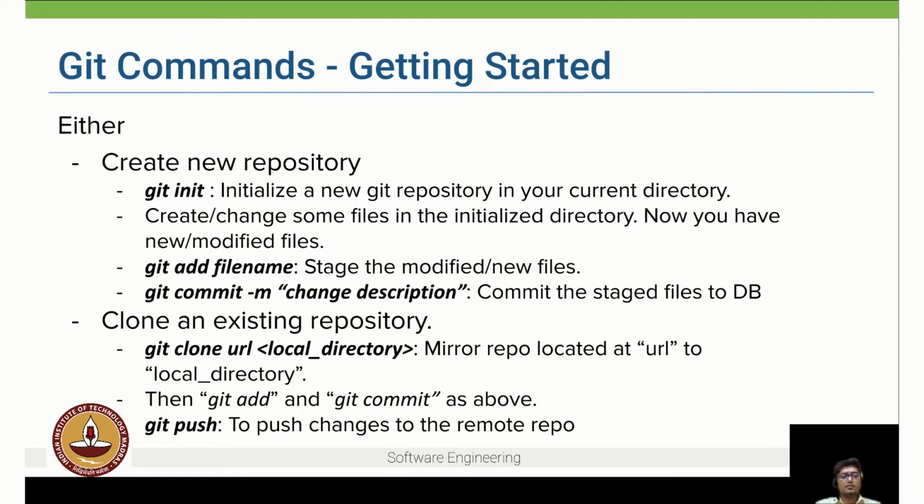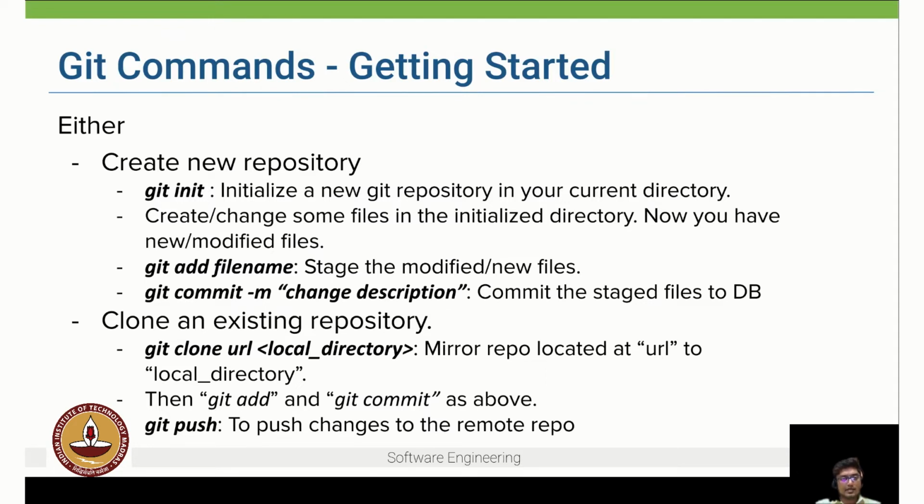These files are in the modified state, as we call it. After that, we use the command git add file name. This will move the files to the staged area. After that, the command is git commit with a message that describes the commit, which you can refer to later to understand the details of the commit. This command will move all the staged changes to the database.